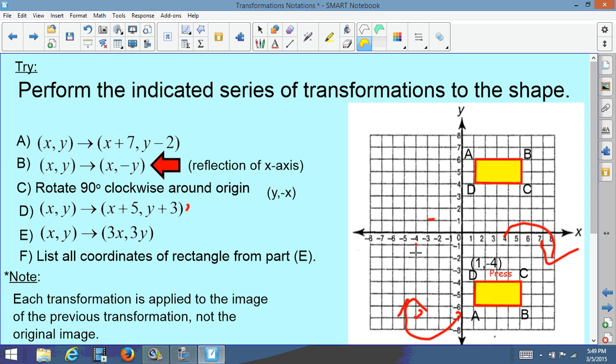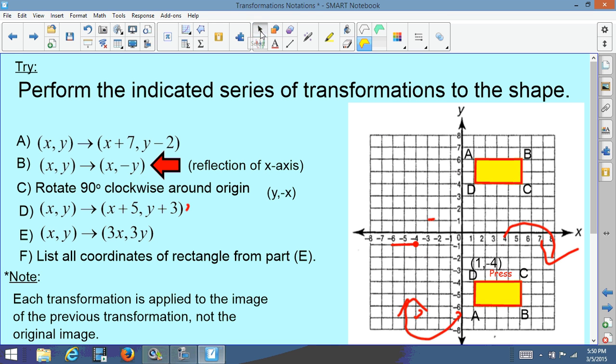So that'll be D. Now I would go, since that's D, I'm going to go to A and switch, and that coordinate is 1, negative 6. So I'm going to switch that and make that negative 6, negative 1. Because again, I switch places with the x and y and negate the second coordinate, which is the x now. And that'll be A.